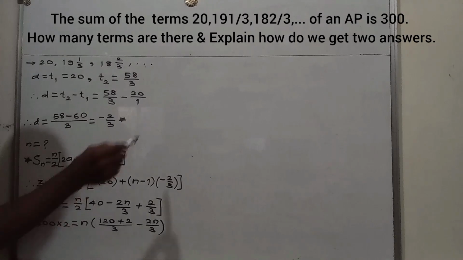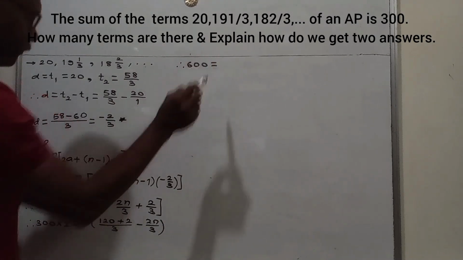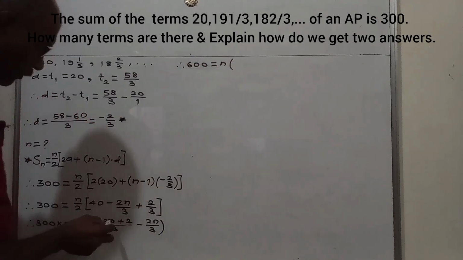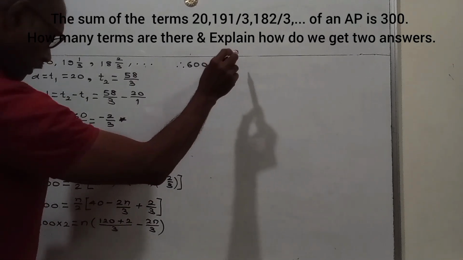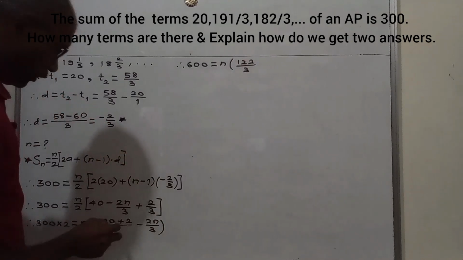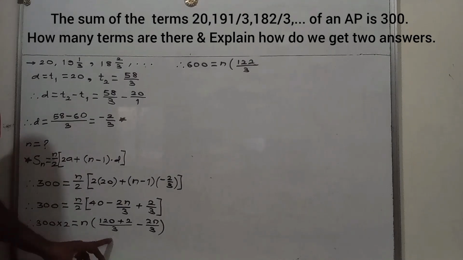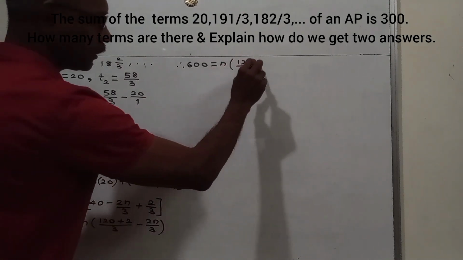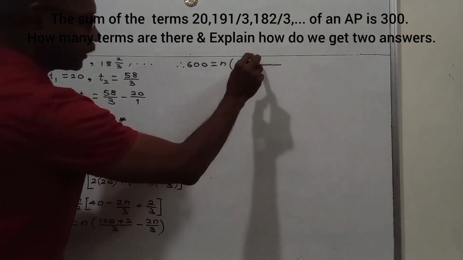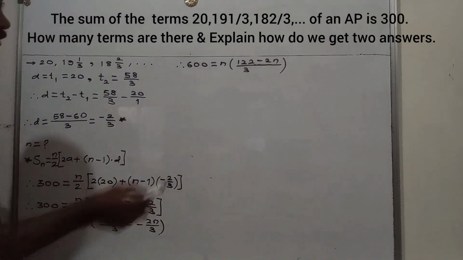Therefore 600 = n (122 minus 2n)/3, since the denominators are the same.